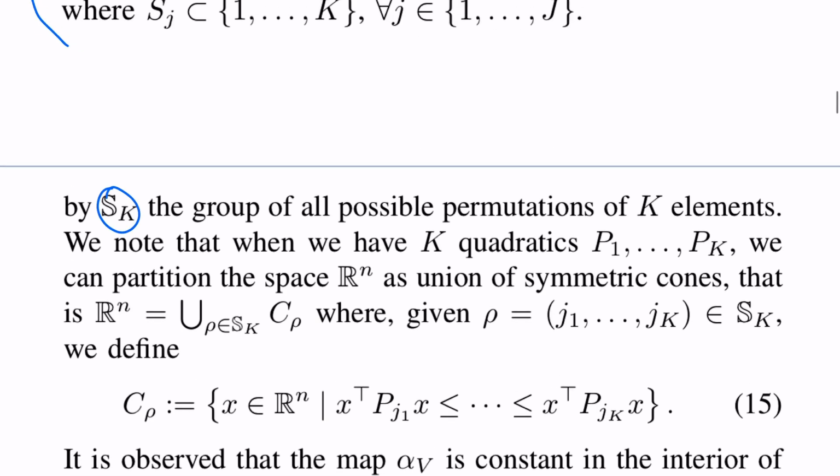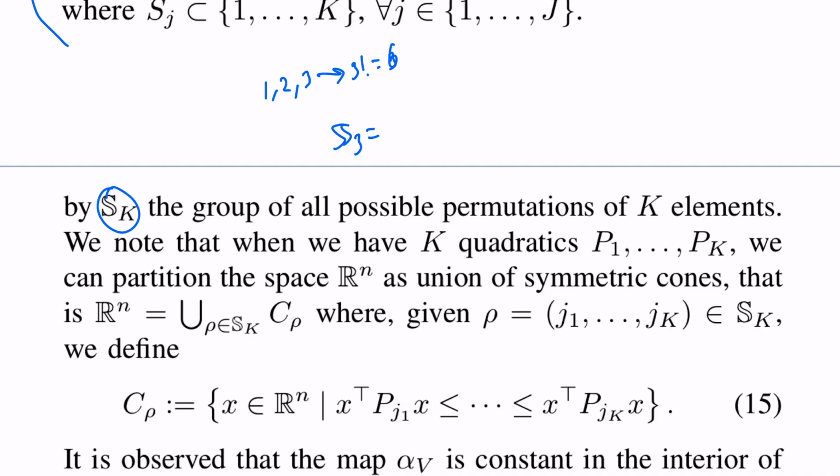Let's say S3 is the set of all permutations of 1, 2, 3. What is the number of permutations that you would have from 1 to 3? Basically 3 factorial, which would be 6.